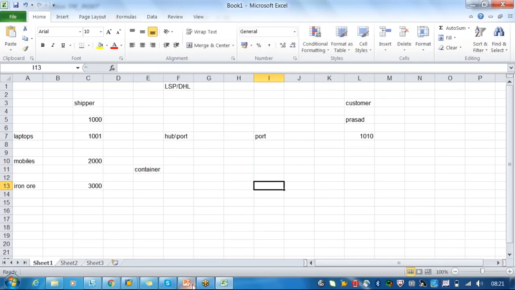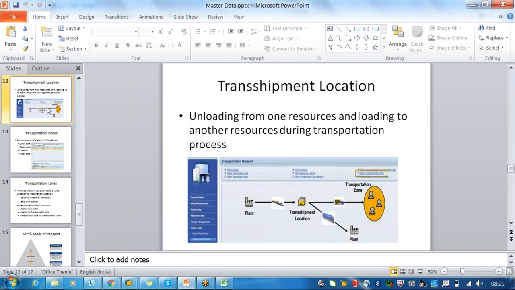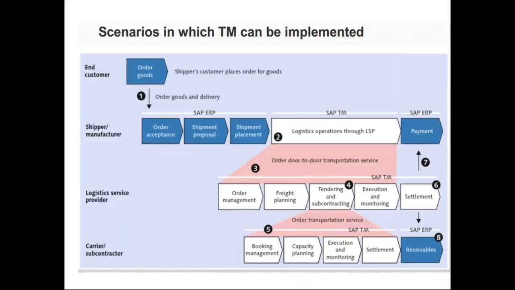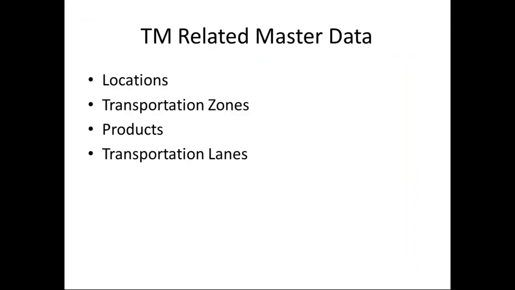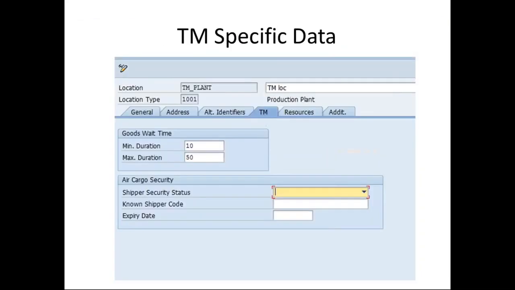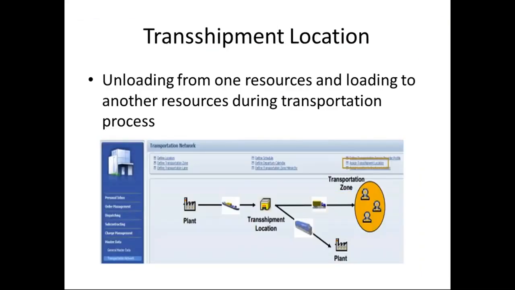Now we have done the transportation lane and the locations. The next topic is transportation shipment. What is this? It is from the plant to a destination customer. For example, the material is going from Bangalore to Kolkata.